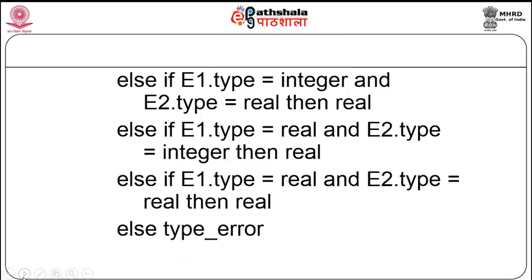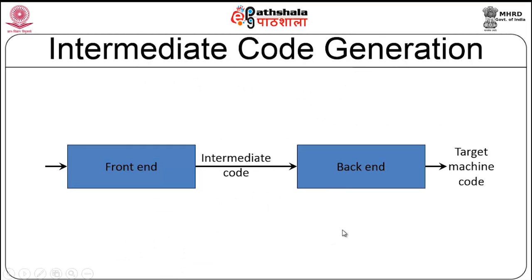So after type checking, my front phase of the compiler is basically done. I am done with my front phase, that is, the analysis phase is done. I have tokenized, I have verified the sequence of tokens, I have added type checking information, and I have looked at how the representation is going to look.